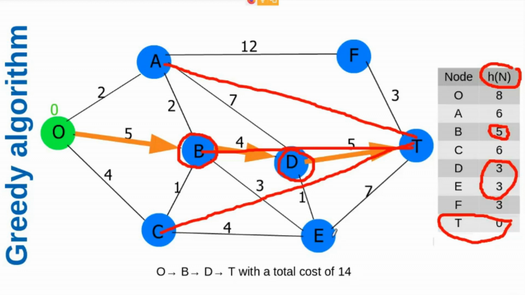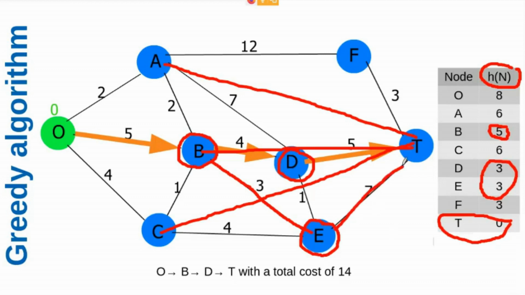But what would happen if we had chosen E instead of D? Then E has as neighbors D, with a heuristic of 3, and the target.